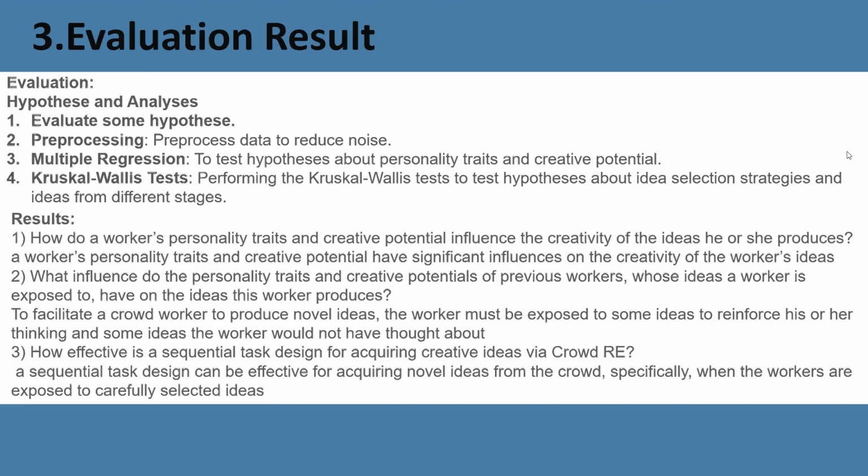For the second one, the answer is that to facilitate a crowd worker to produce novel ideas, the worker must be exposed to some ideas to reinforce his or her thinking, and some ideas the worker would not have thought about. And for the last one, the answer is that a sequential task design can be effective for acquiring novel ideas from the crowd, specifically when the workers are exposed to carefully selected ideas.